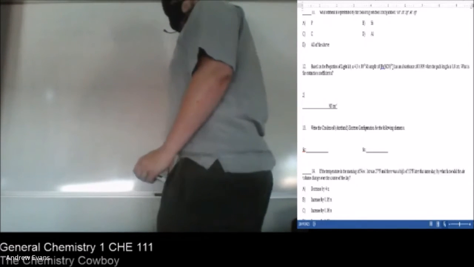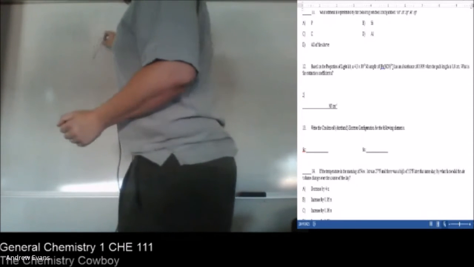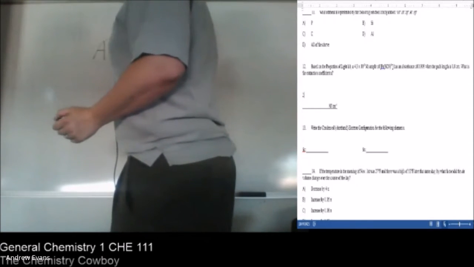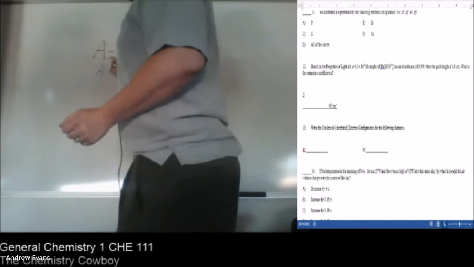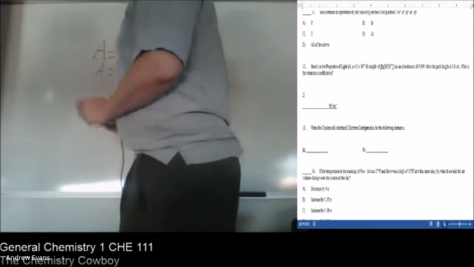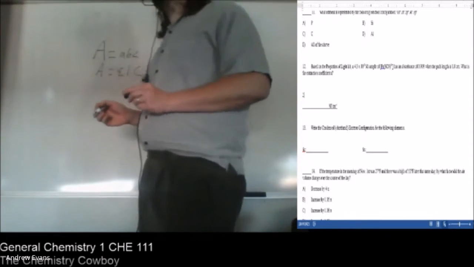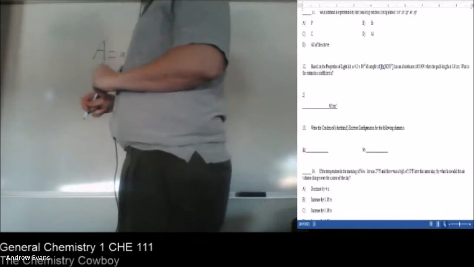This one is just a Beer's Law problem. Beer's Law says, it doesn't really matter what you write, A is absorbance, A equals epsilon L C. The important thing is, it's just 3 things multiplied together equal to the absorbance.